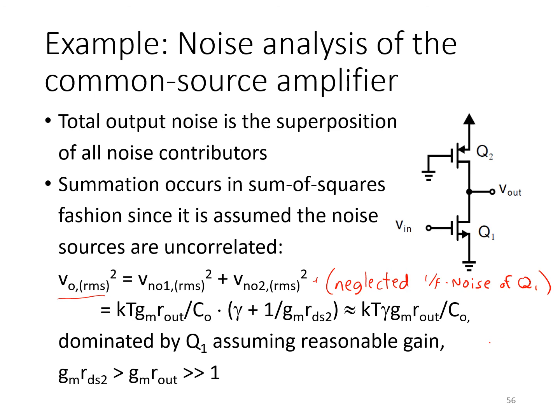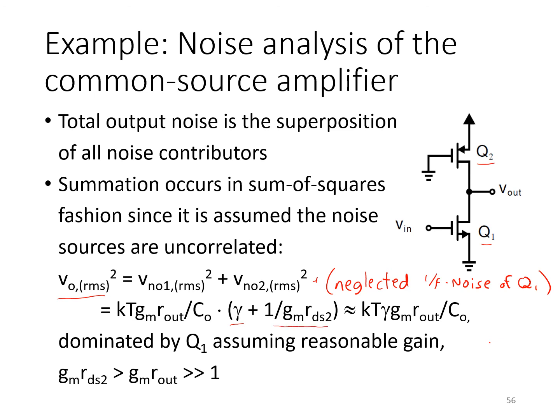So we've got the thermal noise of Q1 that gives rise to the gamma dependent term here. And then we've got the thermal noise of the resistor RDS2 formed by Q2 in triode, and that gives rise to this term here.